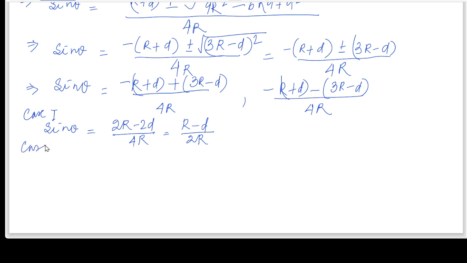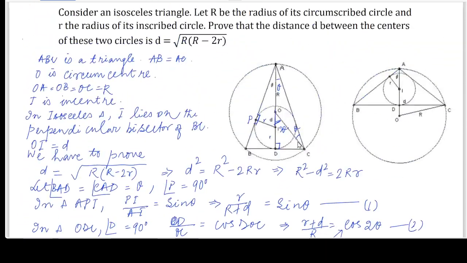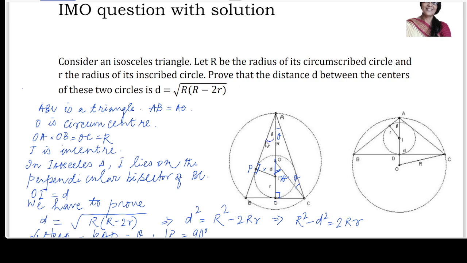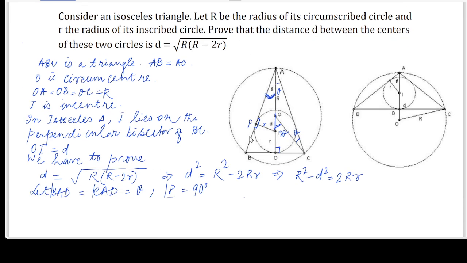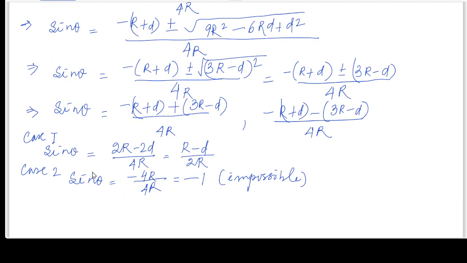Case 2, sine theta equals minus 4R plus 0 by 4R, that will be negative 1. So this is impossible, as we took this angle theta, and sine theta cannot be negative 1. So sine theta equals R minus d by 2R, this is the answer.